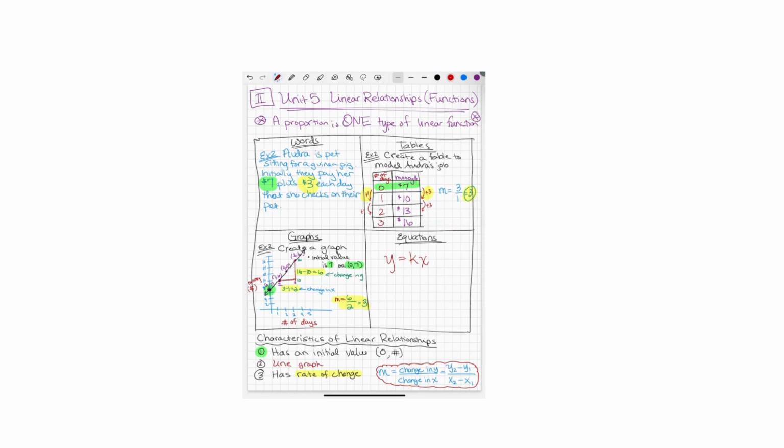We said that for linear relationships, we don't use the phrase constant of proportionality. So they erase the k. And in its place, they put m. And that part you can write down. I won't erase anymore. So our equation starts out with y equals mx.